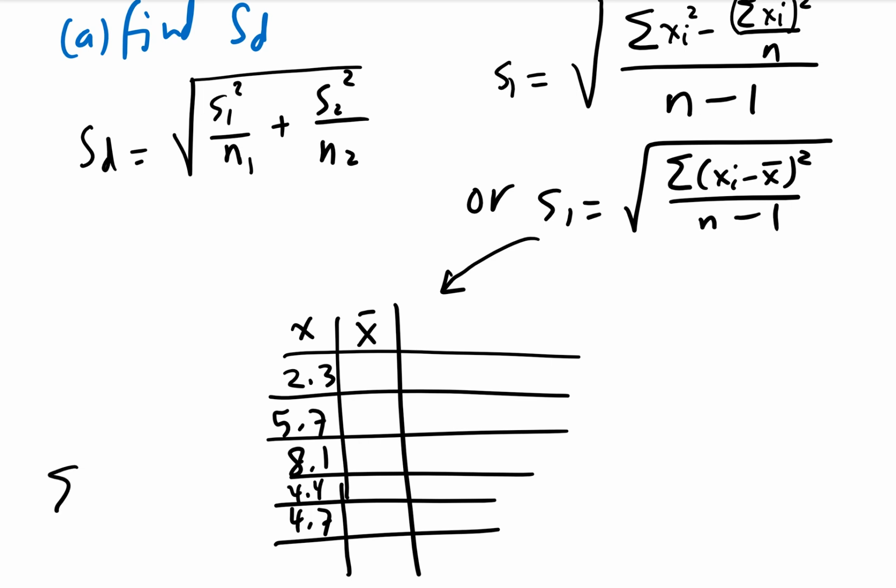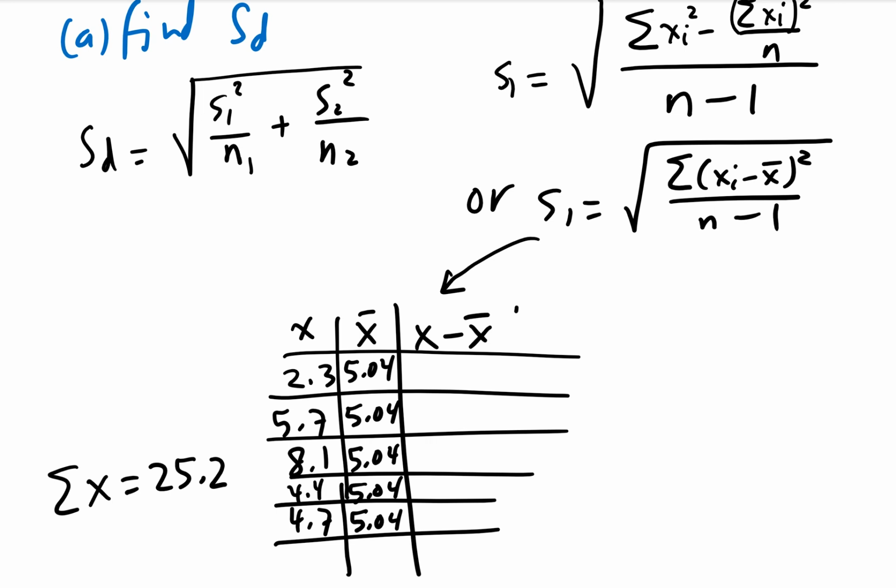The sum of all the x's is 25.2. If you divide that by 5 quantities, the mean is 5.04.